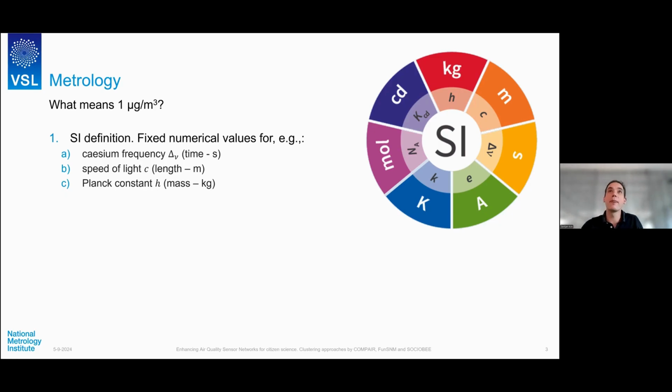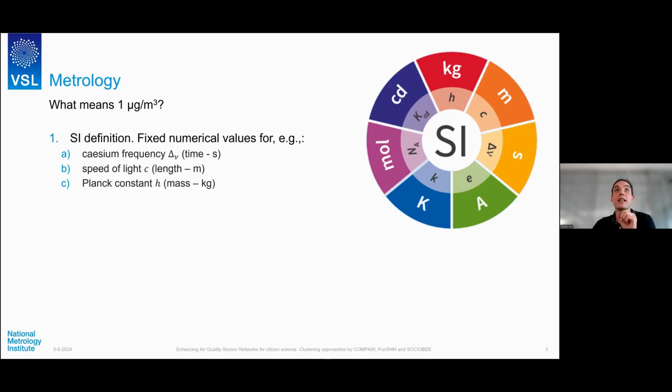Actually these units are defined in terms of fixed numerical values for certain natural constants. So for the second, there is a cesium atom, and there's some frequency, some physical phenomenon in this atom. We fix a numerical value for it, and from that you can in the end derive what a second is.